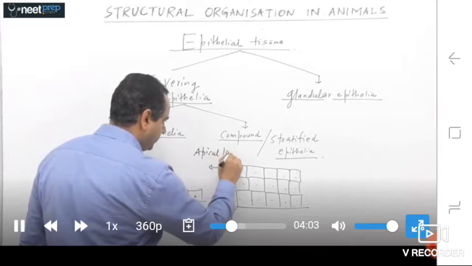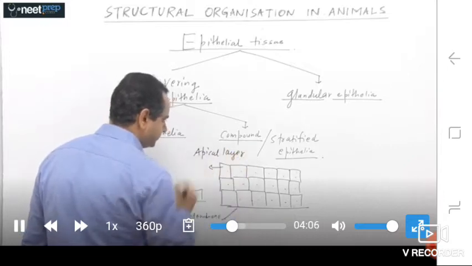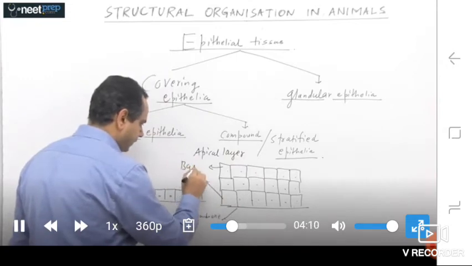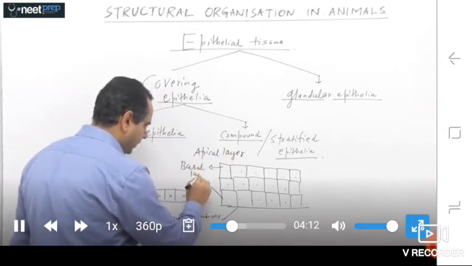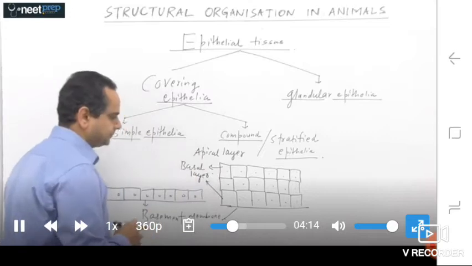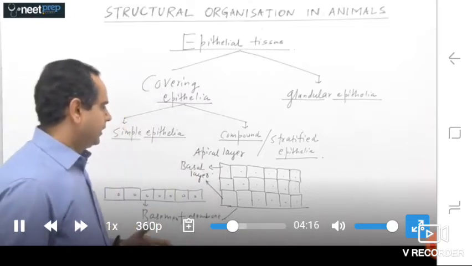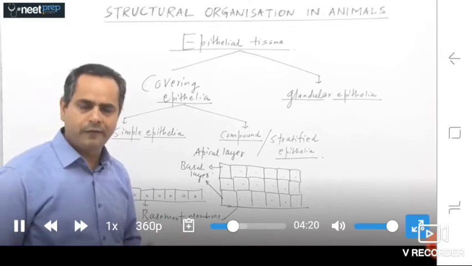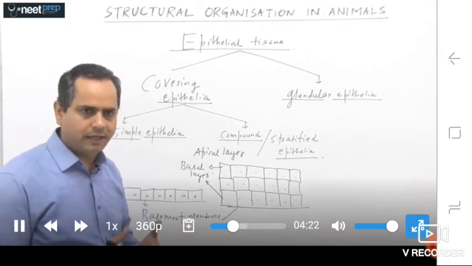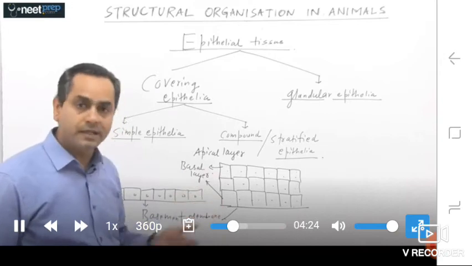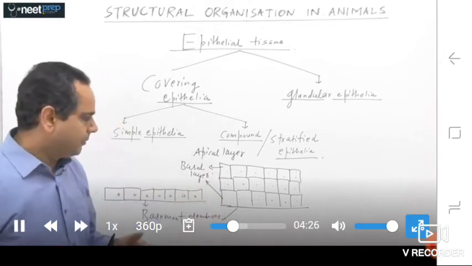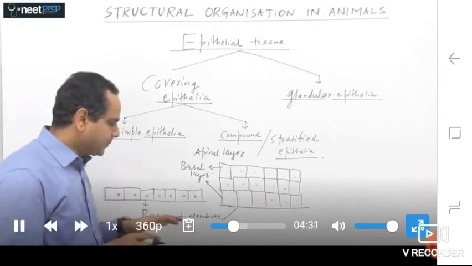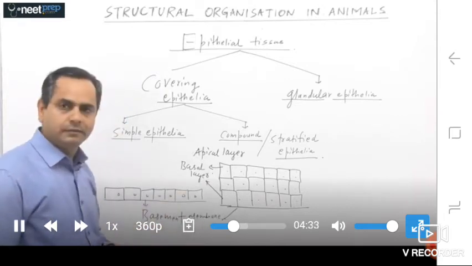But in simple epithelia, because of the single layer of cells, we cannot differentiate apical and basal. And remember, basement membrane is present in both kinds of epithelia.